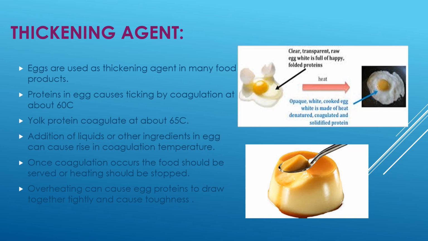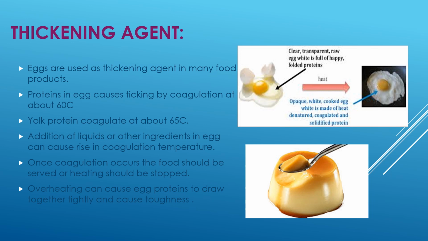Proteins in egg white cause thickening by coagulation at about 60 degrees Celsius, while yolk protein coagulates at about 65 degrees Celsius. Thickening with egg is very important if you are working with temperature. The higher the temperature, the quicker the protein is going to coagulate.